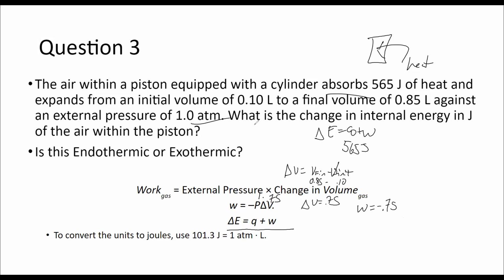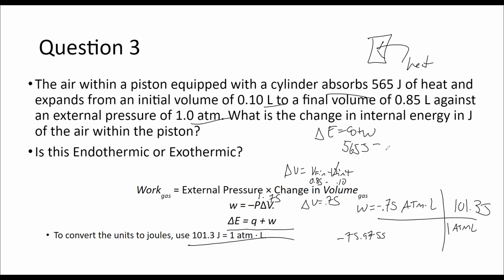Our external pressure was in atmospheres. Our delta V was in liters, so atmosphere liters. Now I can convert to joules. 1 atmosphere liter is 101.3 joules. So my work here is negative 75.9755.